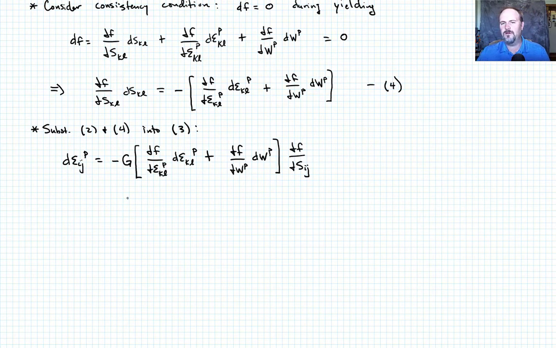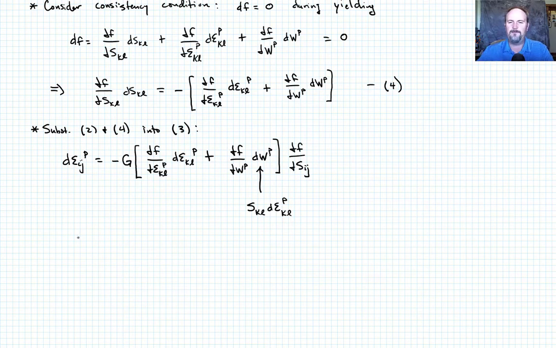So I'm going to use this quantity, which we said was S_ij times d epsilon ij. I can see that I can't use ij, so I had better use different indices. How about KL? So S_KL d epsilon plastic KL. Now what you can see, I hope, is that I can pull out a d epsilon KL to the outside.